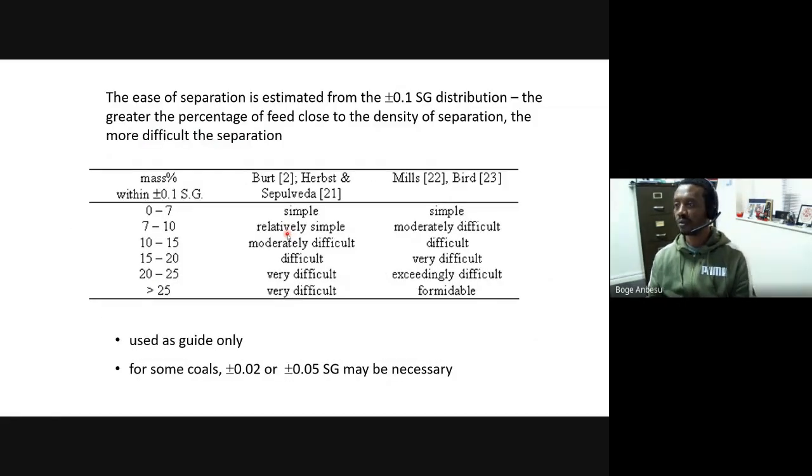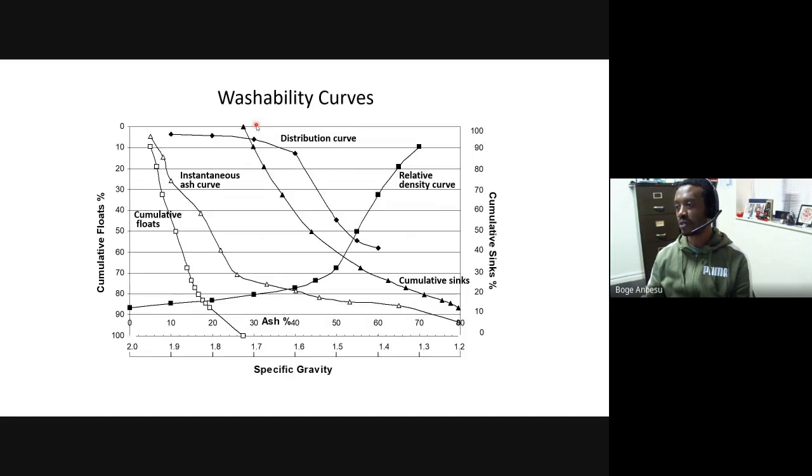For example, a high proportion of plus or minus 0.1 specific gravity in the distribution curve may tell you whether separation is easy or difficult, or a low percent may tell you whether separation is easy or difficult. So again, don't stress too much about the things I'm passing now, because I know I'm going to come back to them eventually anyway.